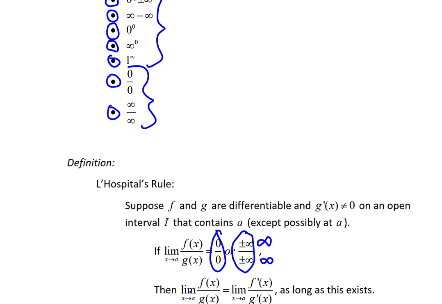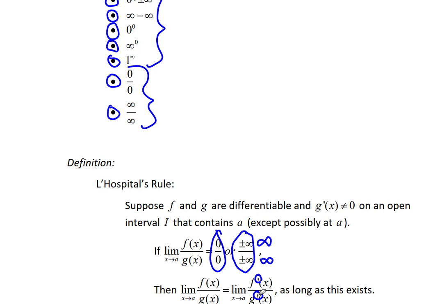Then the limit as x approaches a of f of x over g of x, which by the way is what we just started with here, is equal to the limit as x approaches a of f prime of x over g prime of x, as long as this limit exists.